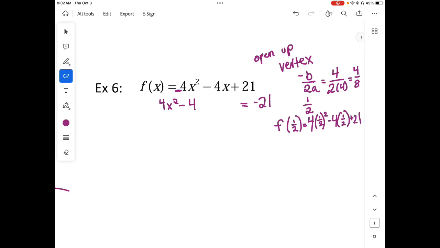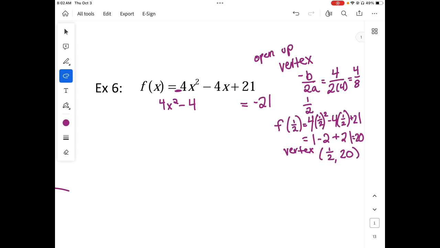Okay, so work that out. 4 times 1/4 is 1. Negative 4 times 1/2 is minus 2 plus 21, which equals 20. So your vertex is 1/2 comma 20.